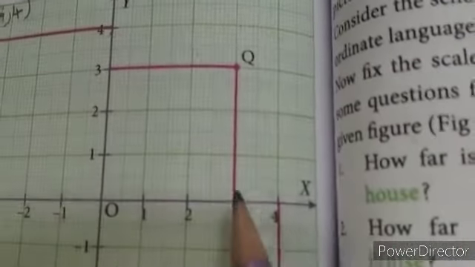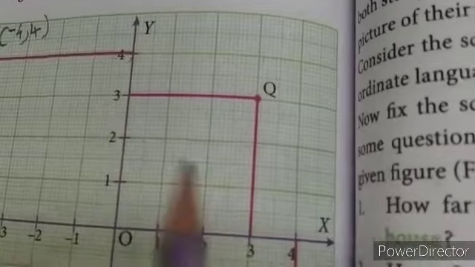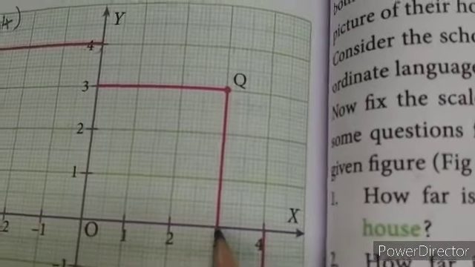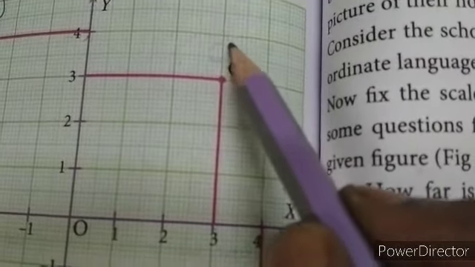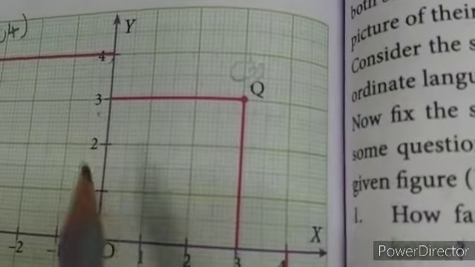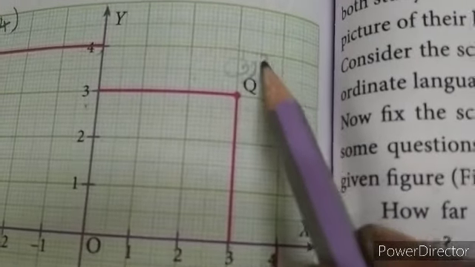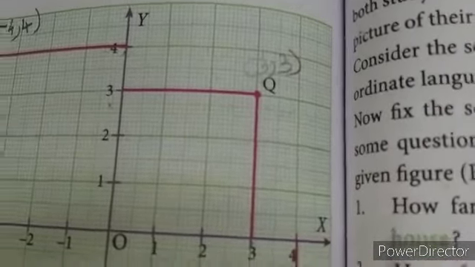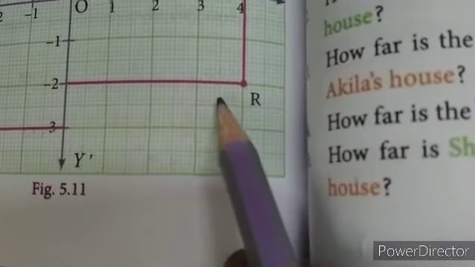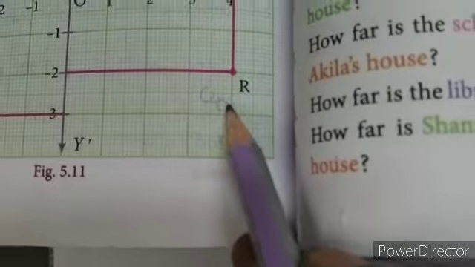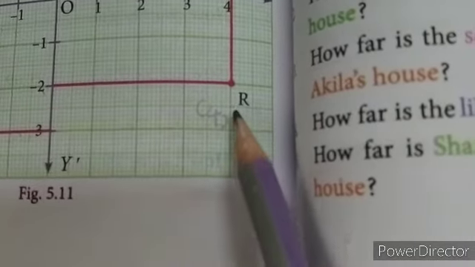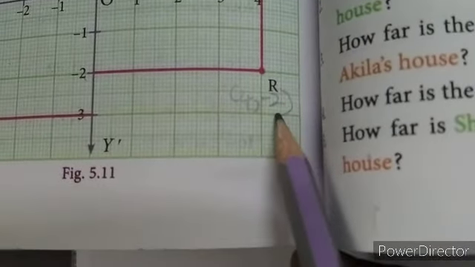And coming to Q, it is in the first quadrant, both are positive, and here the x coordinate is 3, and the y coordinate is 3. And next one, R, x is 4 and y is -2.